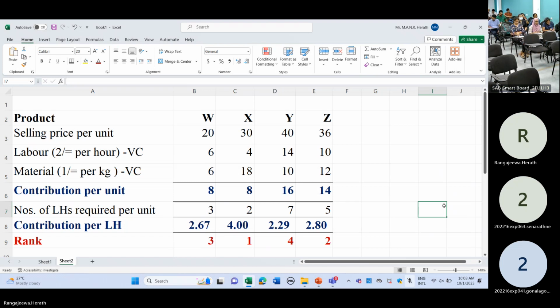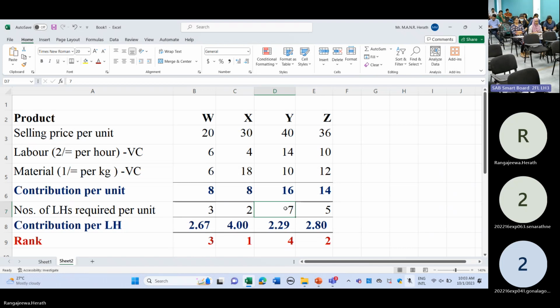So now we should not rank it based on contribution per unit. If you look at the contribution, the highest contribution per unit is Y. But based on the contribution per labor hour, it is the lowest. Because even though it gives 16 rupee contribution, it requires 7 labor hours. So labor hours is the limiting factor here.